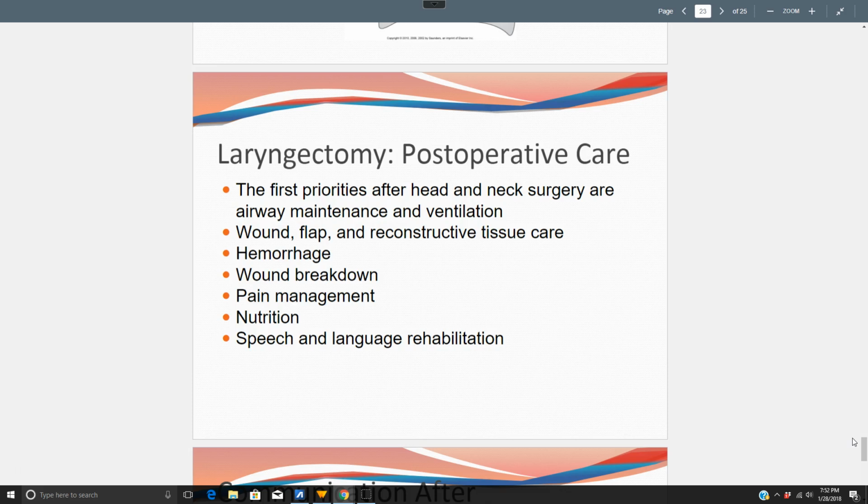So we have to figure out a way in which we can provide nourishment. Sometimes patients have an NG, gastrostomy, or jejunostomy tube, where we can implement feedings temporarily while the patient is still trying to heal and recover.